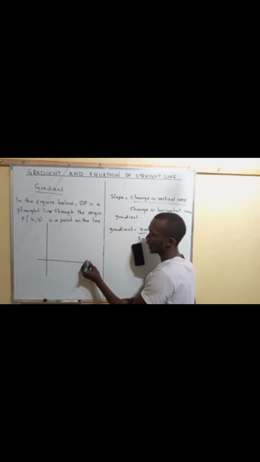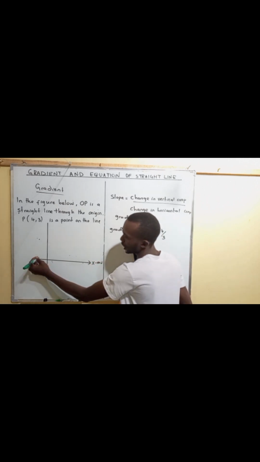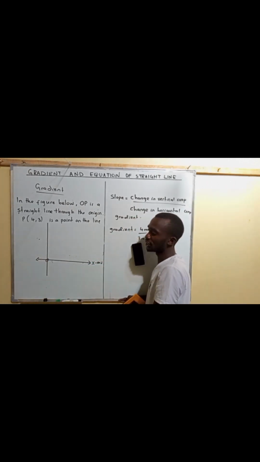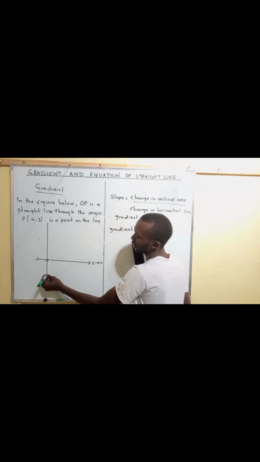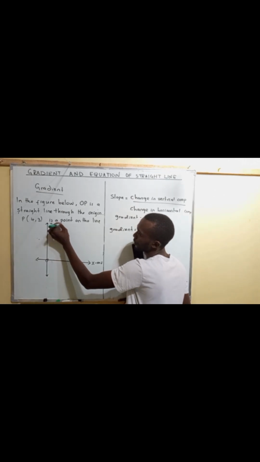This represents the x-axis. Then you put the arrows, then the origin is that point. Then the vertical axis is known as the y-axis.